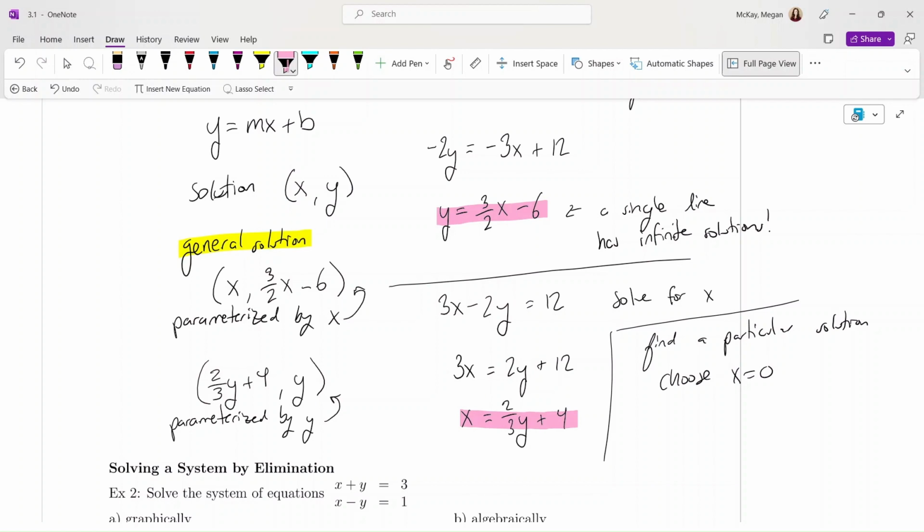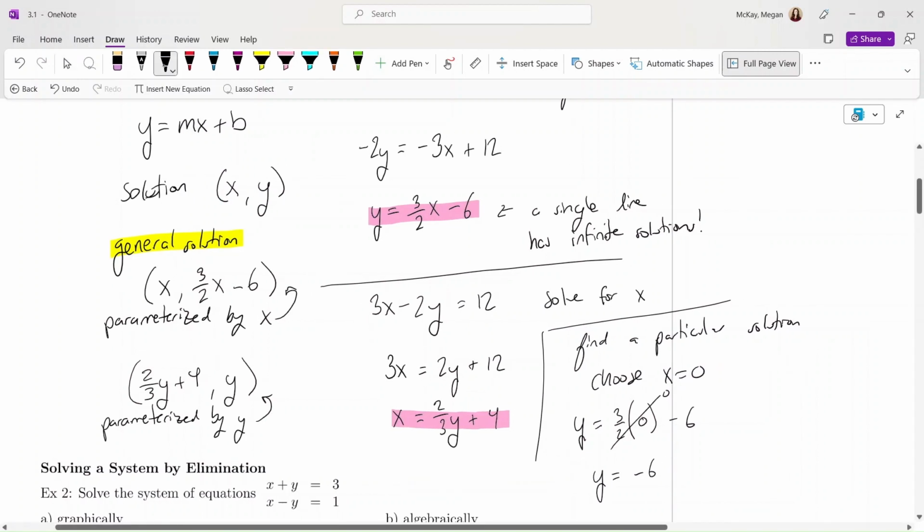I'm going to choose the first one just because it's going to work out a bit more quickly, and you'll see how. We'll say y is equal to 3/2 times 0 minus 6. Anything times 0 is 0. That gives us y is equal to negative 6. So our particular solution would be x is 0 and y is negative 6.